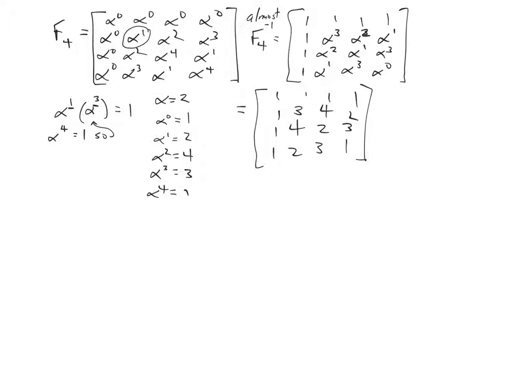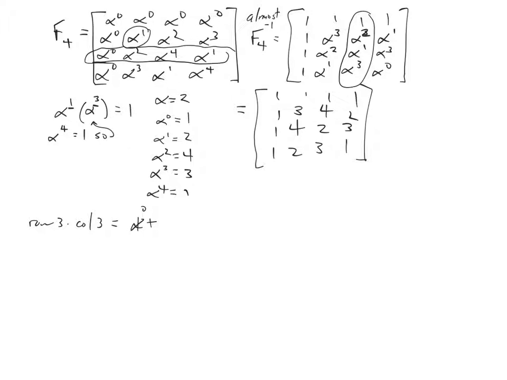it's also kind of interesting if you take a row times a column here. For example, if we take this row, say, times the second column, or let's do it times the third one. So row 3 times column 3, dotted with column 3, so it's equal to alpha to the 0 times alpha to the 0, so that's 1, or alpha to the 0 if you want it that way.